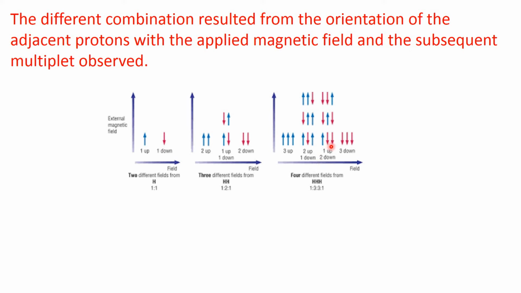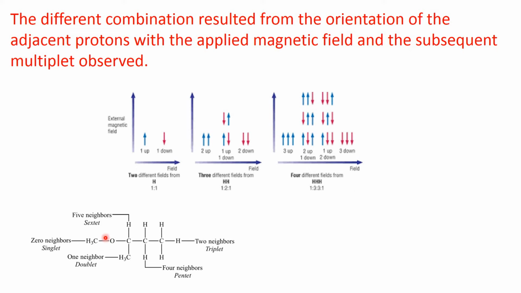Another combination, two opposing and one aligned, and the last combination, all three protons' magnetic fields opposing the applied magnetic field. So a total of four fields arise, and you will get a quartet. The signal will be a quartet in the ratio of 1:3:3:1.